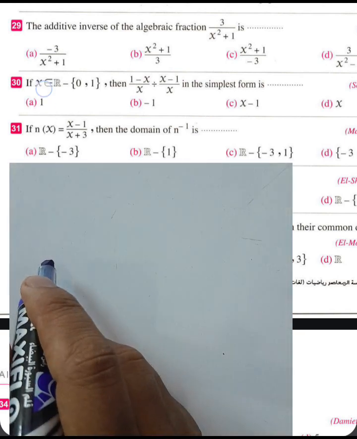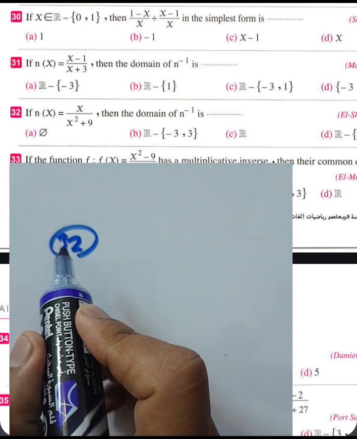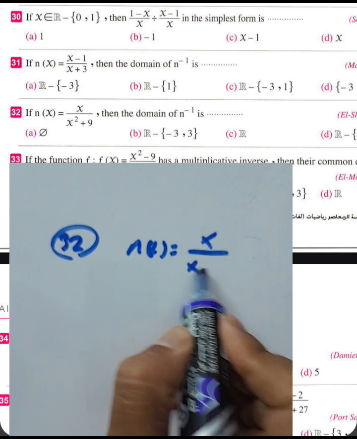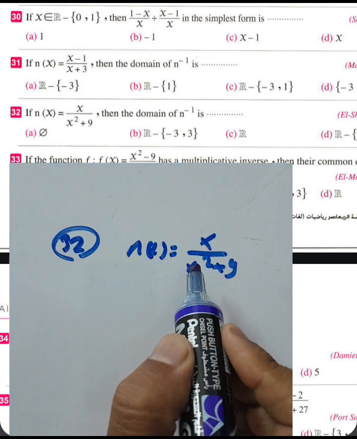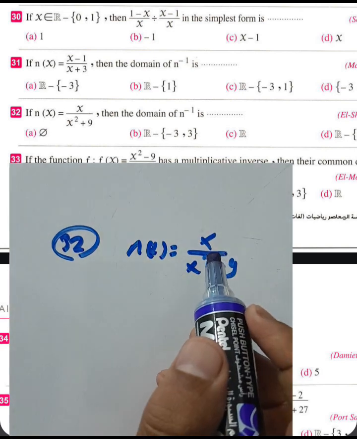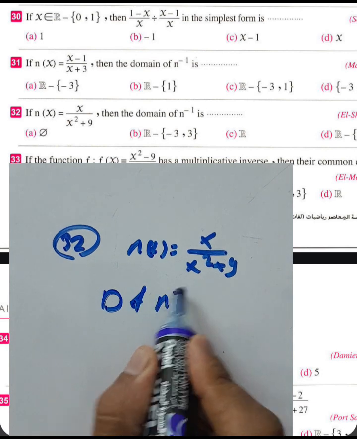Okay. Question 32. If n of x equals x over x power 2 plus 9, then the domain of n power negative 1 will be what? You will find the domain of the inverse of this function.